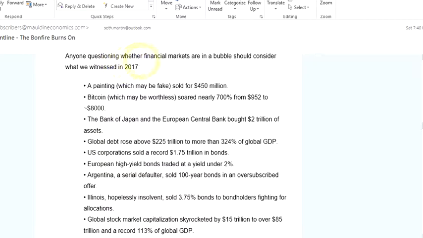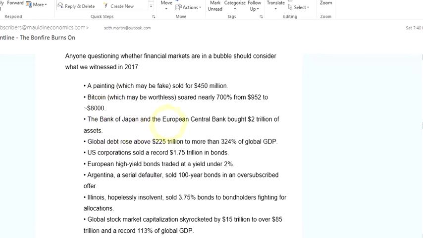Here's something interesting. He says, anyone questioning whether the financial markets are in a bubble should consider what we witnessed in 2017. A painting, which may be fake, sold for $450 million. Bitcoin, which may be worthless, we don't know, right? We're not sure, soared nearly 700% from $952 to $8,000.